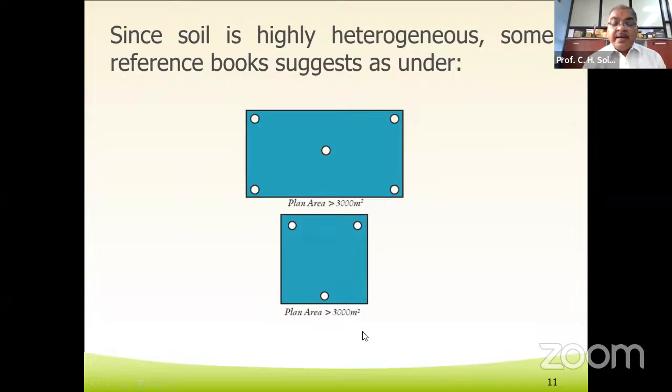Whereas, when dealing with a plan area of around 3,000 square meters that is a square plot, you may require fewer borings compared to a rectangular plot, as the corners are away from the center in a rectangular plot, whereas in a square plot the center and corners are closer. In such cases, you may select these positions of the borings.